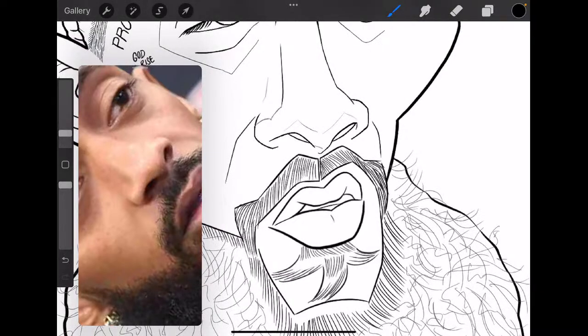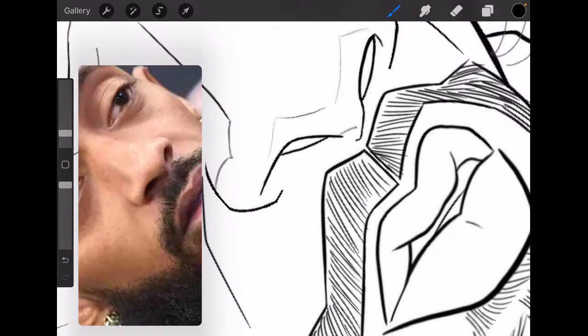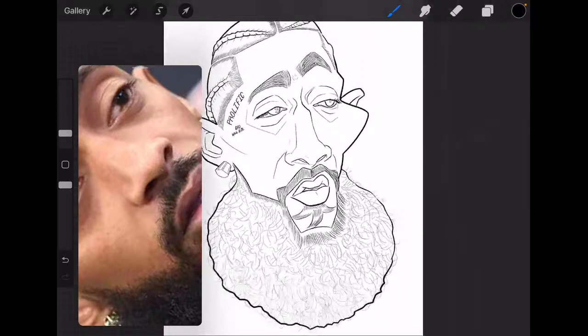So really it's like that, but then there's another shadow that's created, that kind of works its way to be a little bit more round like that, to be honest.